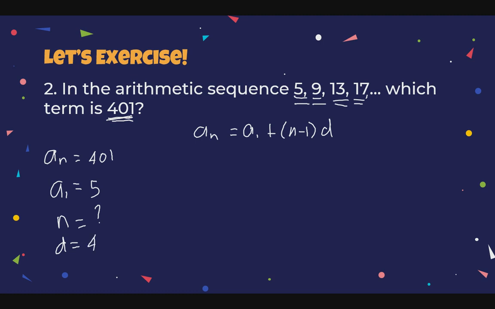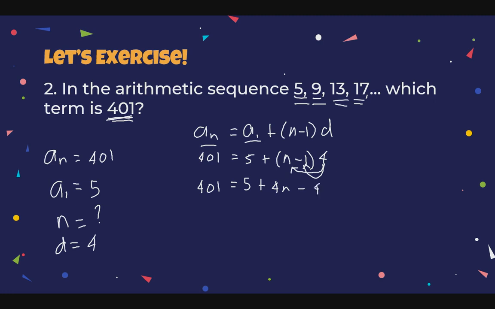So let's substitute it to our equation. We have here a sub n is 401 equal to a sub 1 is 5 plus n minus 1 times d, which is 4. So let's just copy first. 401 is equal to 5 plus, let us distribute 4, n times 4 is 4n. 4 times negative 1 is negative 4.